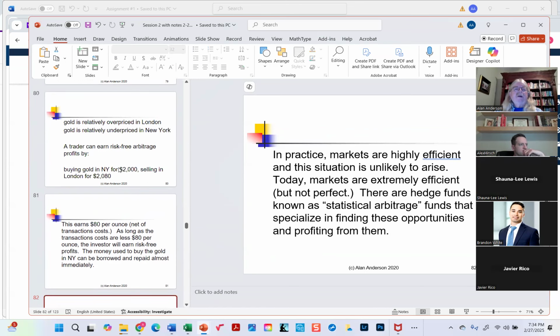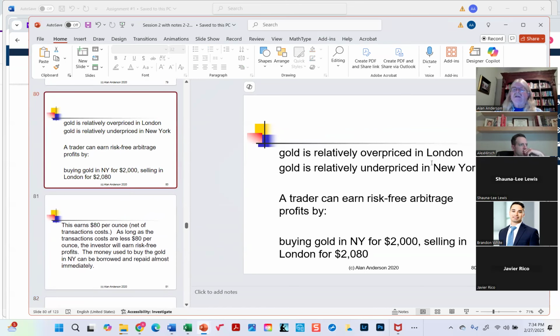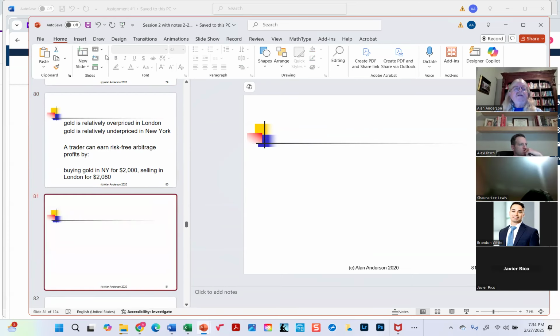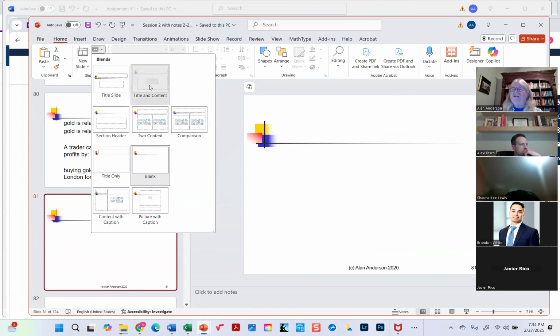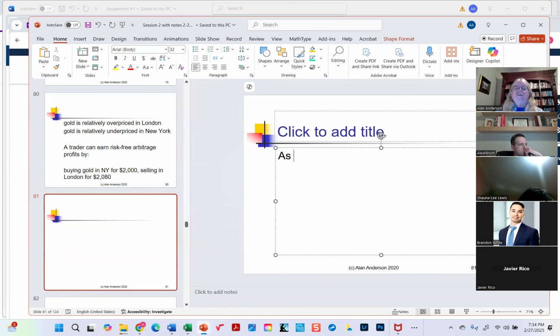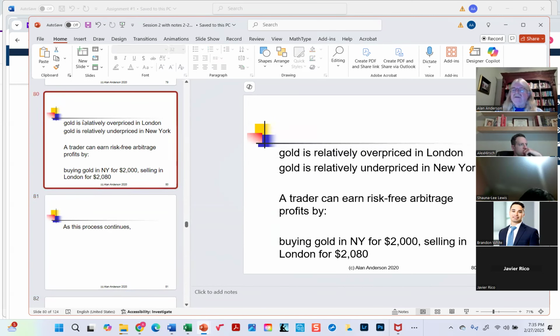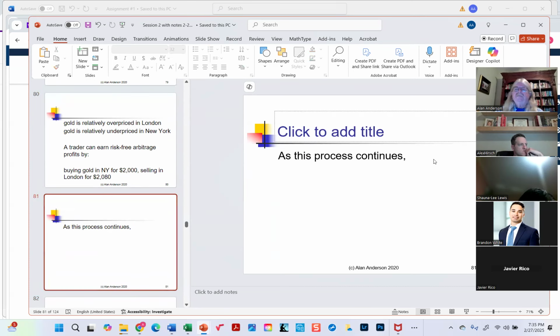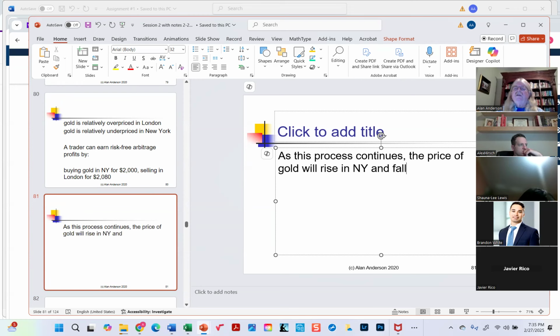Okay. And by the way, let me just run back here for a second. Even back in the 50s or 60s, as this process continues, you can see that if traders are buying gold in New York, the price will go up, and fall in London until they're equalized.